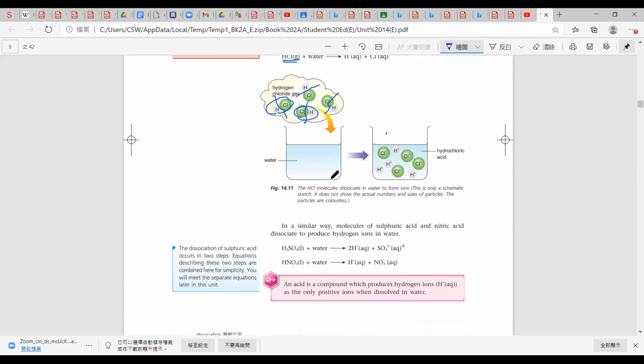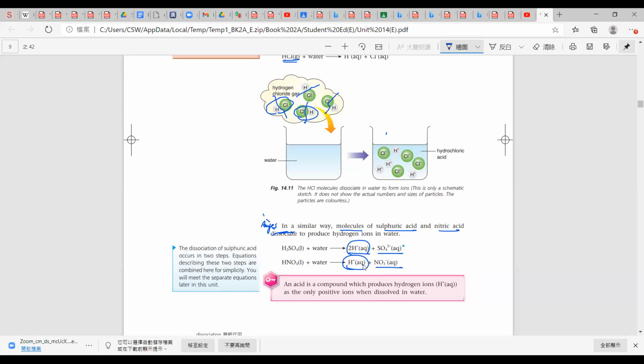And the third case is sulfuric acid. When the molecules of sulfuric acid and nitric acid ionize, they produce hydrogen ions in water. So H2SO4 reacts with water to form hydrogen ions, leaving behind sulfate ion and nitrate ion respectively.